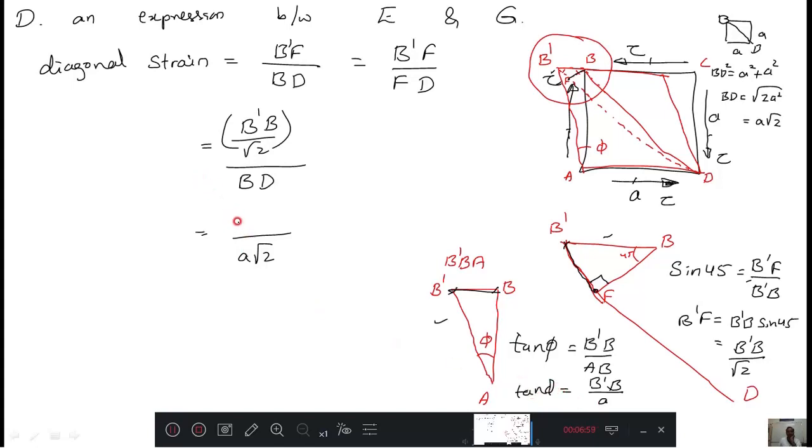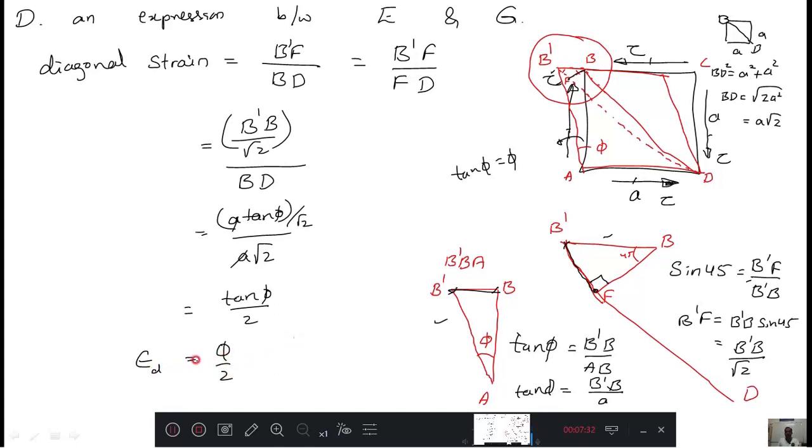Here I write A tan phi divided by root 2. Now this root 2 comes down and A cancels, giving tan phi by 2. This phi is very small, therefore tan phi is equal to phi, so this is phi by 2. The diagonal strain in the longitudinal direction is phi by 2.